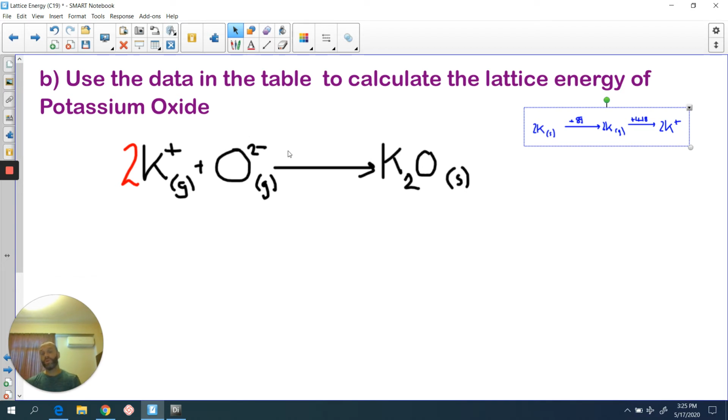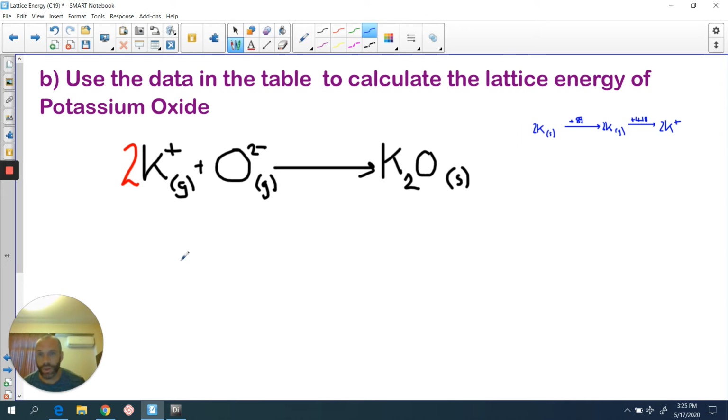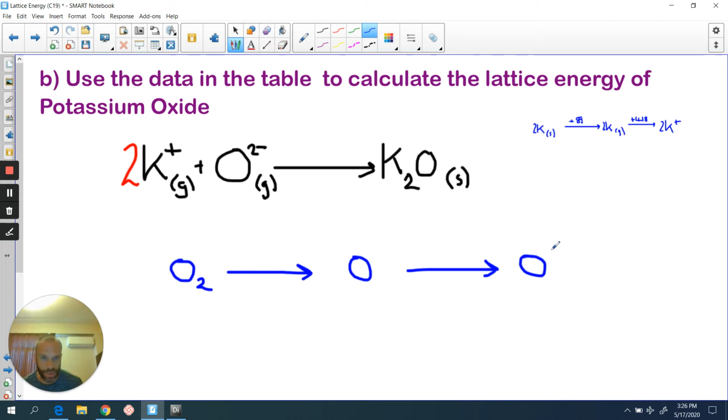Now let's think about what we're doing with the oxygen. For the oxygen, same kind of thing. You're going to first have to atomize that oxygen from its standard state. Remember, oxygen exists as O2. So then we're going to convert that into O, and then convert that atomized oxygen into its ions.